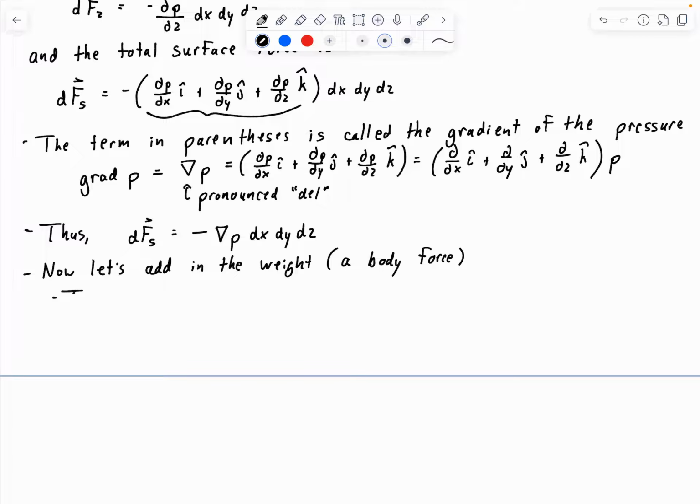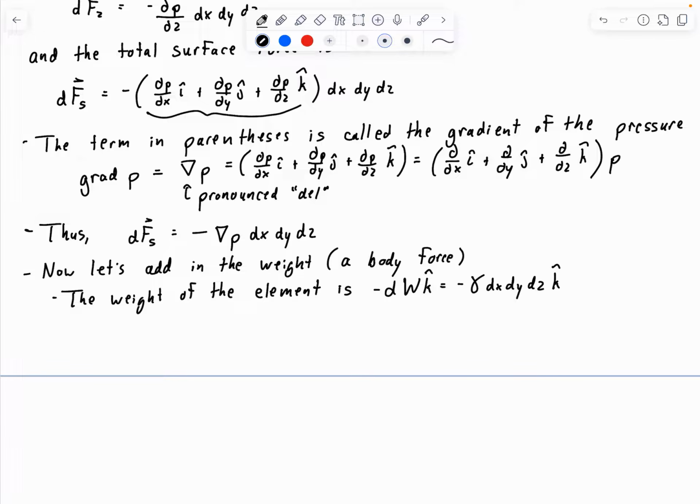So as I said, the weight of the element is negative dW in the k direction, or the z direction, is equal to minus gamma dx dy dz.